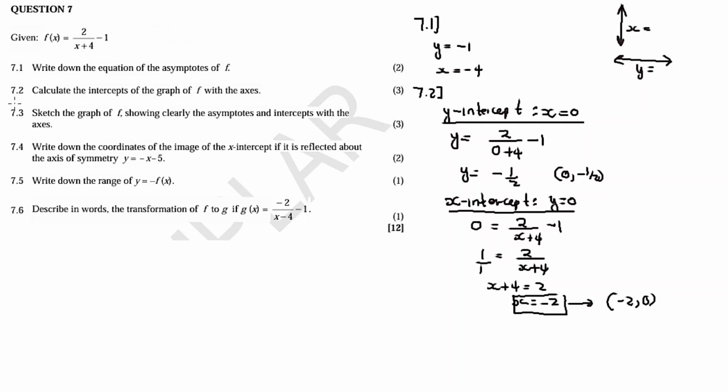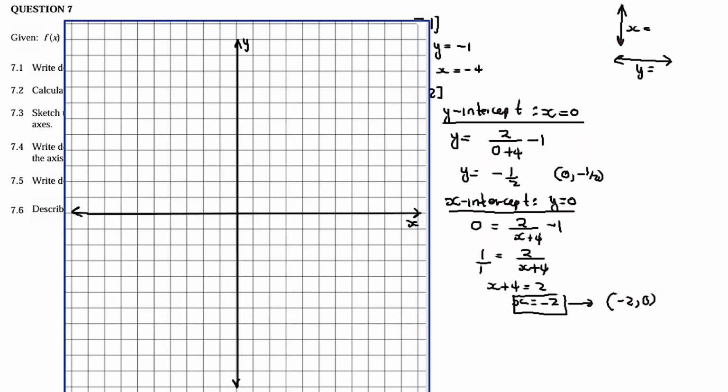On the next question, they want us to plot the function. Let's use green for my asymptotes. First, the horizontal one, y equal to minus 1.